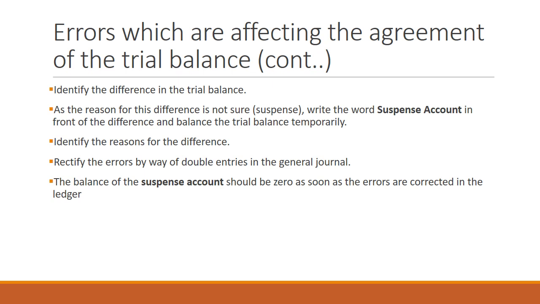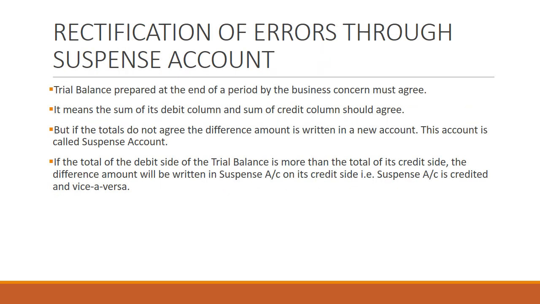Again, we rectify the error by way of double entry in the general journal or by using ledger. After identification of the source of the differences and being corrected, the balance of suspense account should be 0 as soon as errors are corrected in ledger.